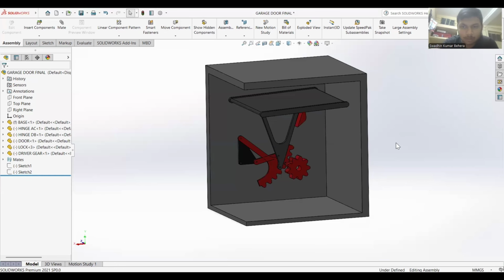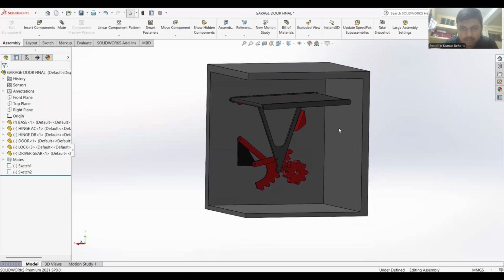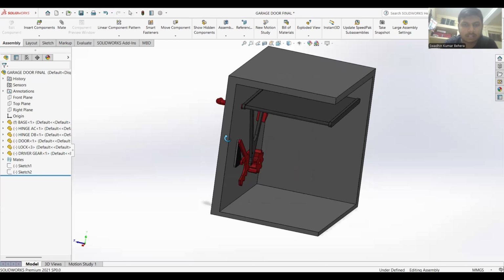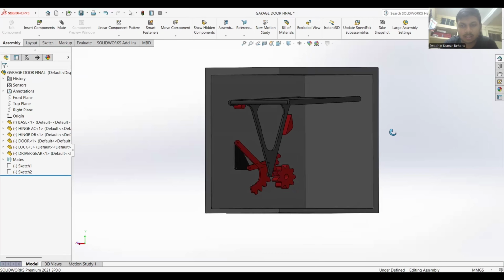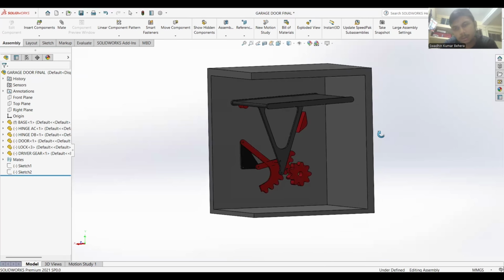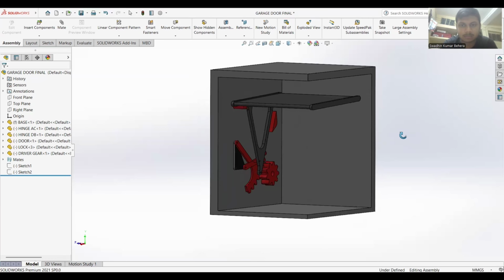Another thing is we have added this stopper, the red one, which will stop the garage door from moving any further backwards. And also there is a locking mechanism here. If I push this, it will stop, this will keep it open. You can keep the garage door open at all times.